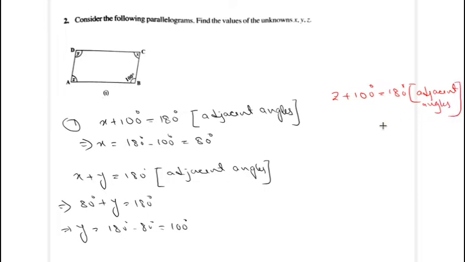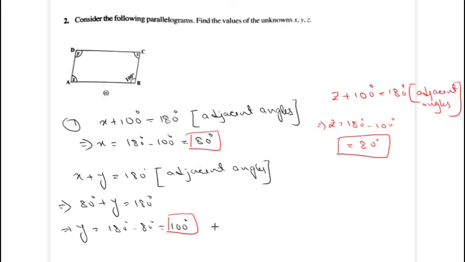This implies z equals to 180 degree minus 100 degree, which is equals to 80 degree. So we have got the values: x equals to 80 degree, y equals to 100 degree, and z equals to 80 degree, using the same reason, that is adjacent angles. We know that adjacent angles of a parallelogram are supplementary, so their sum is 180 degree, and then we have just taken out the values.